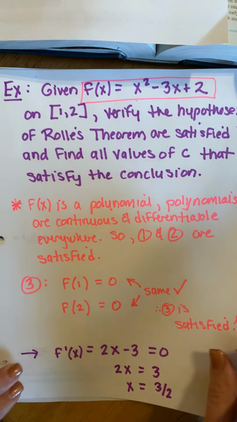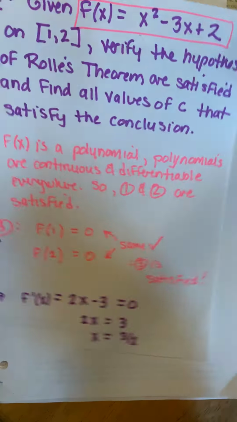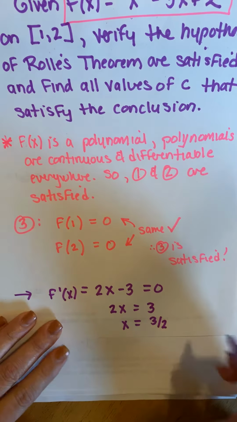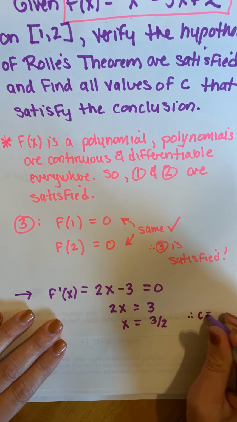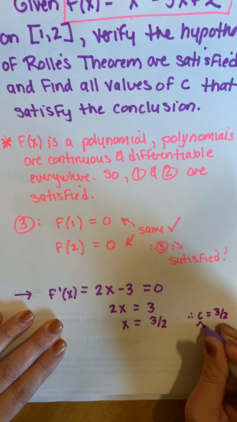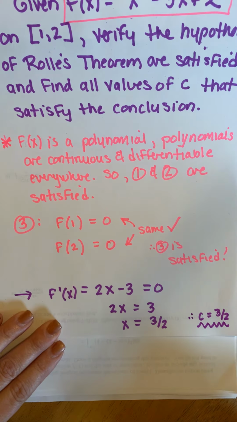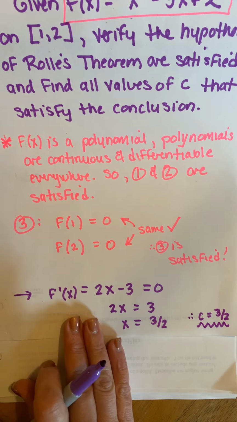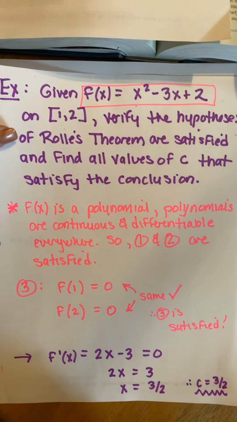So as expected, we found the value of c. We just call it c. You can just say x equals 3 halves. That's sufficient. But c is the value in the conclusion of Rolle's theorem. 3 halves is the number between 1 and 2 whose derivative is 0 for the function x squared minus 3x plus 2.